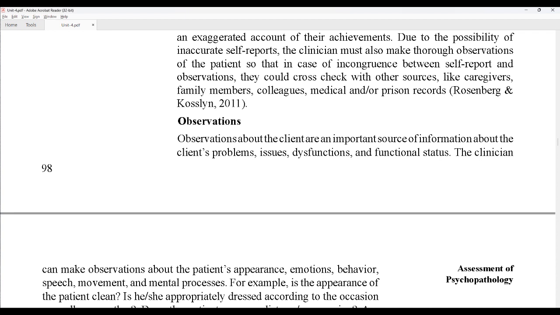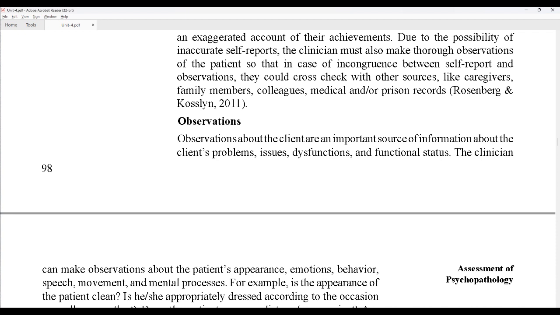Observations. Observations about the client are an important source of information about the client's problems, issues, dysfunctions, and functional status. The clinician can make observations about the patient's appearance, emotions, behavior, speech, movement, and mental processes. For example, is the appearance of the patient clean?